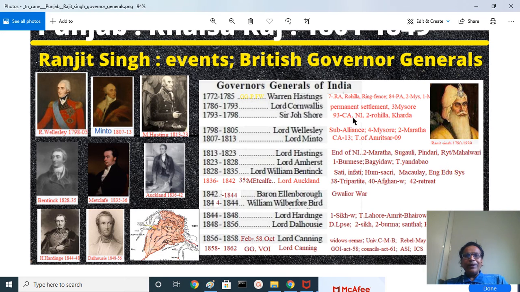And when the new Governor-General, Lord Wellesley, came in March 1798, he immediately approached the Nizam, and the Subsidiary Alliance was formed. That means the local ruler lost independence in external affairs. There is no more sovereign state of Nizam.